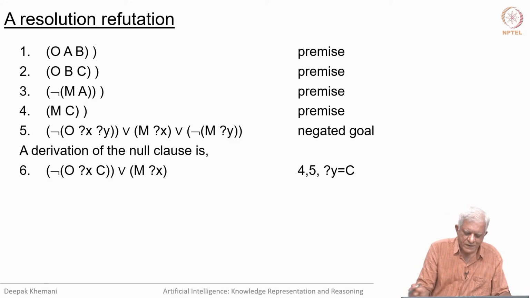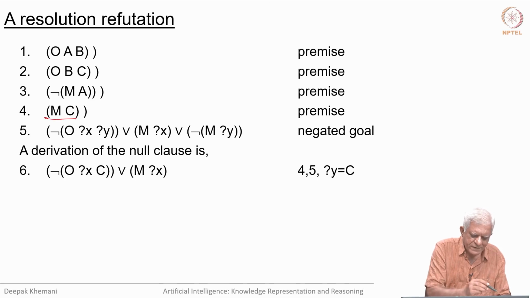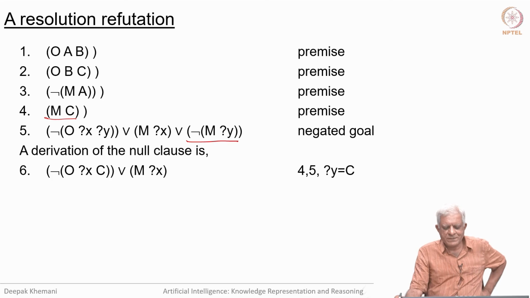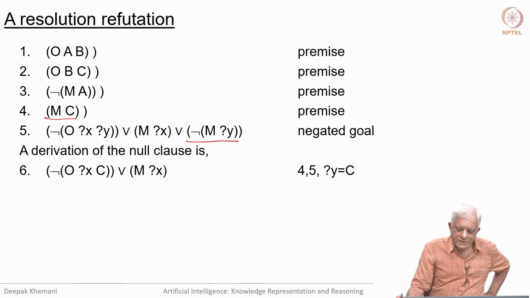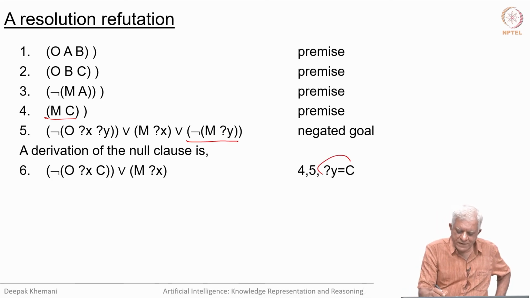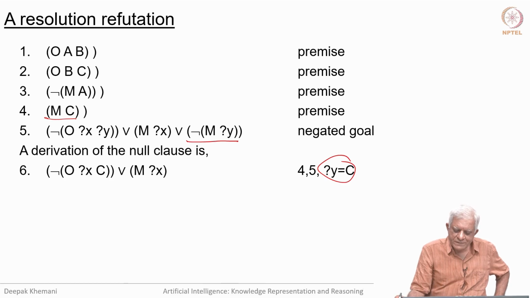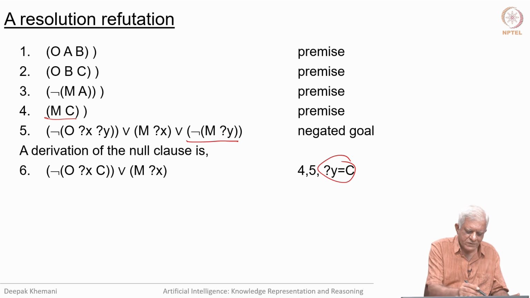What is 4? 4 is m c, and what is 5? It says that there is something which is not m, so y is not m. If we say y equal to c, then we can eliminate that, but we must substitute y for c. This c has come because it was y to start with essentially, and now we have a new formula.